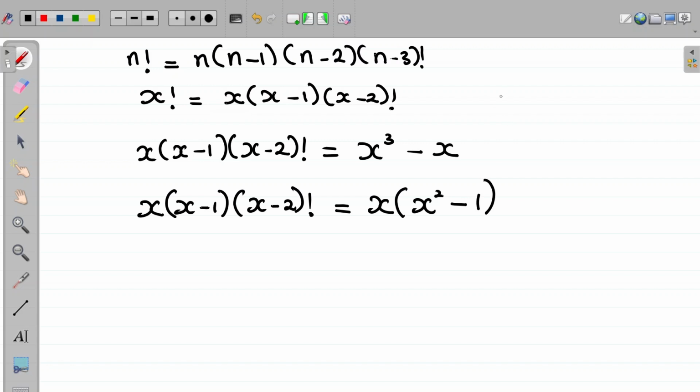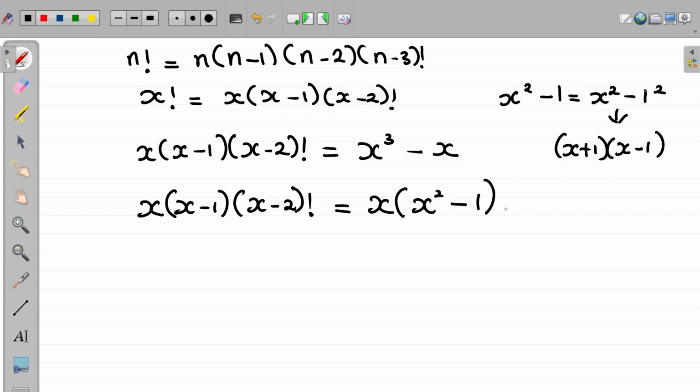Now, note that x squared minus 1 is also x squared minus 1 squared, and this we know is a difference of two squares. So therefore, this can be expressed as x plus 1 multiplied by x minus 1.